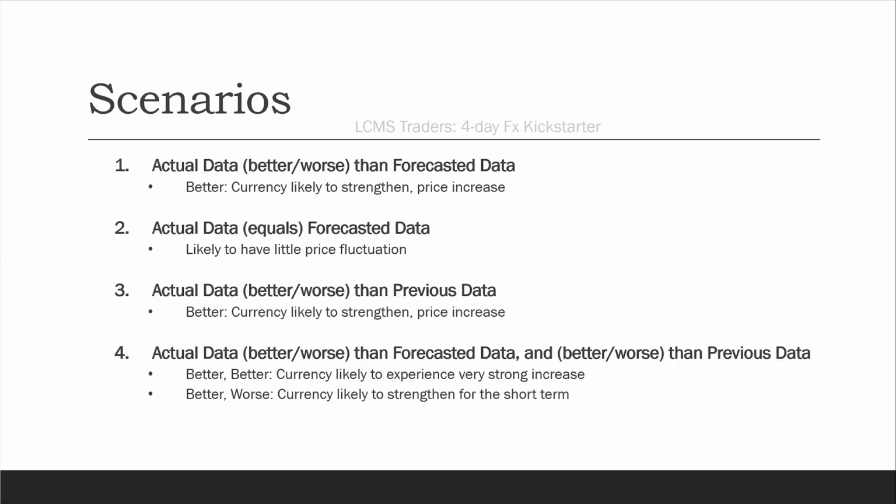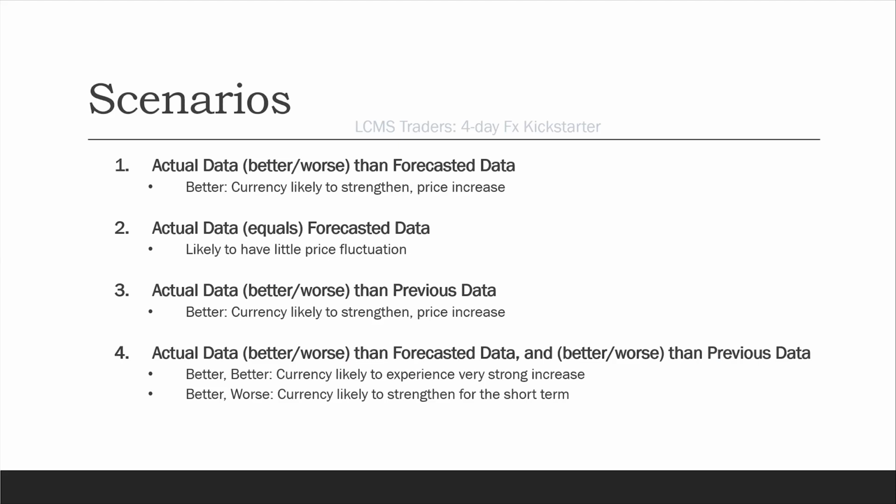So I just went through this exactly. Actual data being better than forecasted, you see the currency likely to strengthen, price likely to increase. Actual data equaling forecasted, you might see little price fluctuation. Actual data being better than previous, you see currency likely to strengthen, price likely to increase.